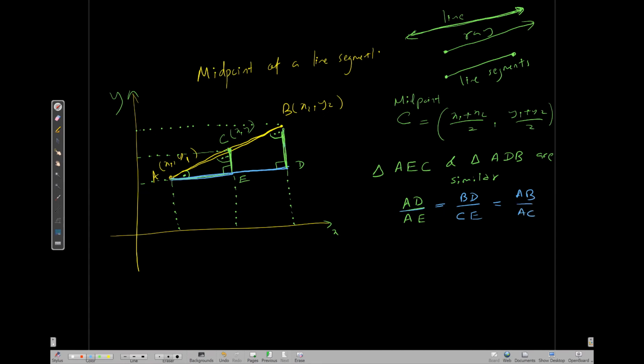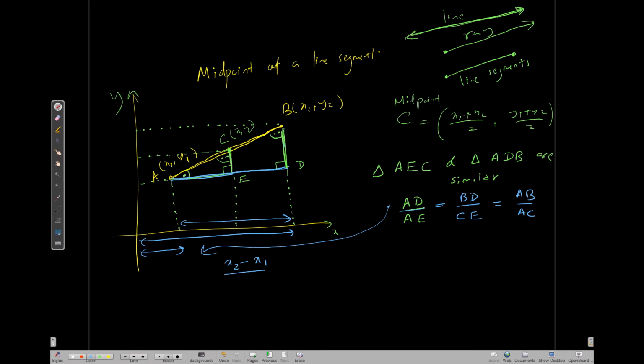Now it's a matter of writing this down. AD, so this length, can you tell me what that length is? If you watched my last video, that length equals this length minus this small length, right? So that length is x2 minus x1, that is AD.